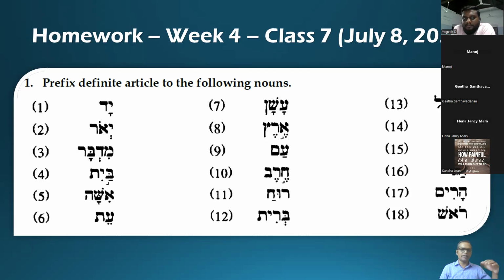If they appear inside a word, then you have to look at the previous letter. If the previous letter carries a silent shiva, then this bet carries Dagesh Lene. In this case, we add he and pata, then it loses the category of first letter of a word. It is no more the first letter. Since it is no more the first letter, it can then carry Dagesh Forte. Exactly. Or in other words, the Dagesh Lene is removed and Dagesh Forte is placed there. Okay, fine. Thank you, sir.